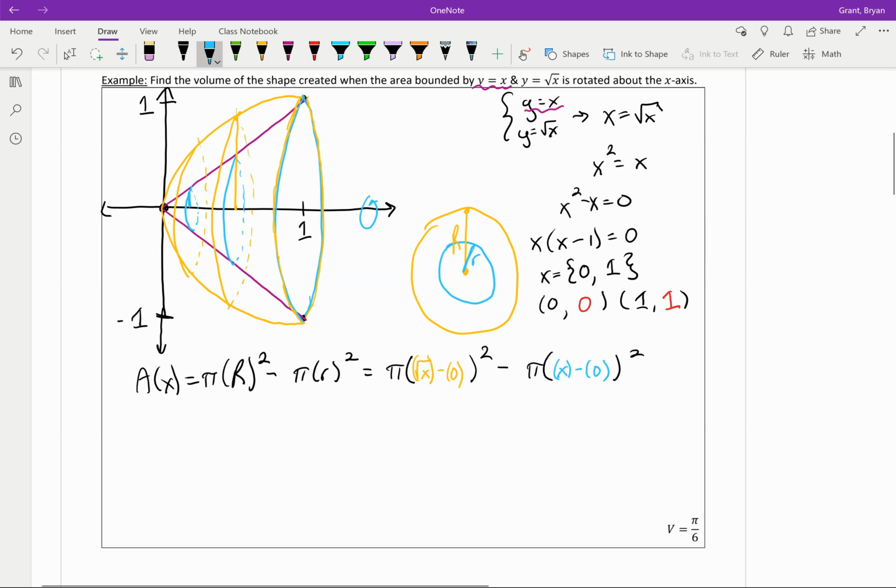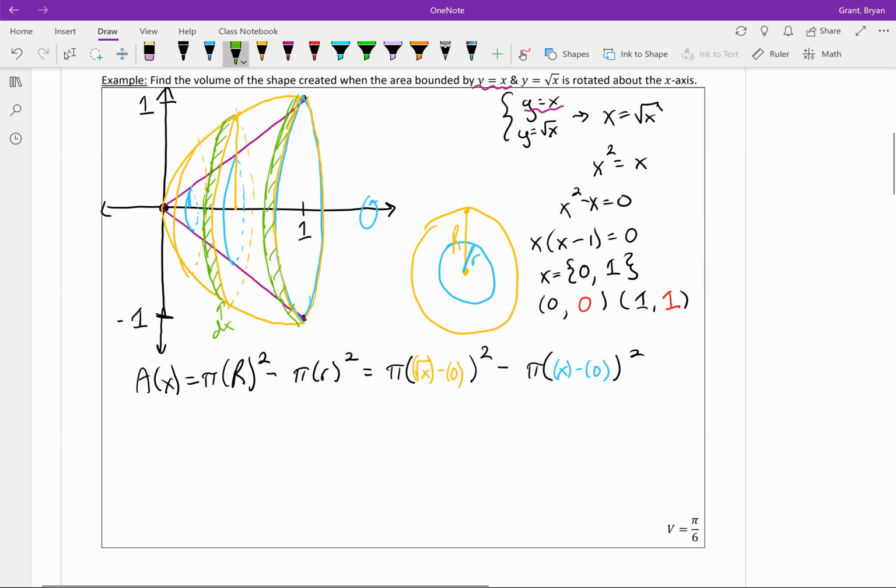Now, what else can we do? Well, we need to give it volume if we want to find the volume of a three-dimensional shape. Volume is going to be the same as before. I'm just going to go ahead and give this ring a little bit of a third dimension here. You'll notice the third dimension is going across the x-axis. That's going to be this dx right here, right? We're stacking a whole bunch of rings or washers on top of each other this time.